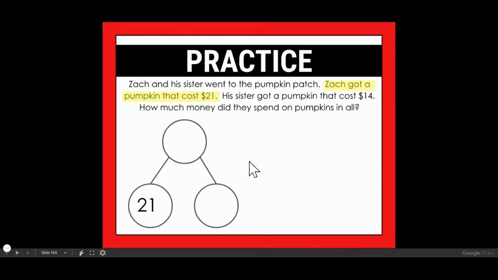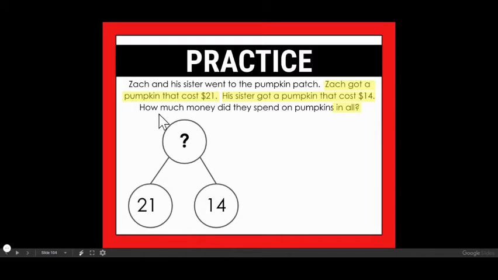The next sentence says his sister got a pumpkin that cost $14. Would that be the total? Or would that be another part? Again, that's going to be another part. So just like last time, I have my 2 parts filled in, which means I'm missing my whole.